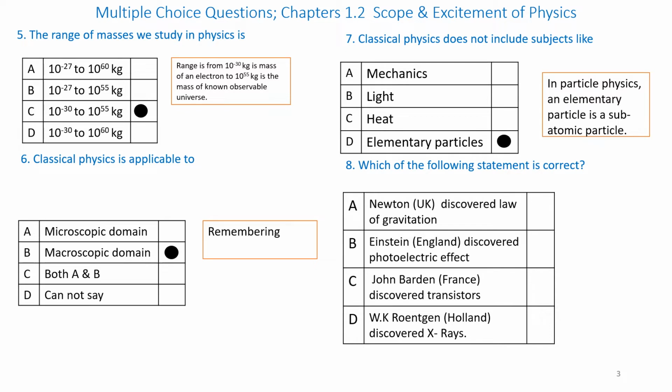We have to select the correct relationship between the name of the scientist, the country of their origin, and the contribution in physics. The correct answer is A. Newton belonged to UK, Einstein belonged to Germany, John Bardeen belonged to USA, and W.K. Roentgen belonged to Germany. So in this choice only A is correct. So we will mark it.